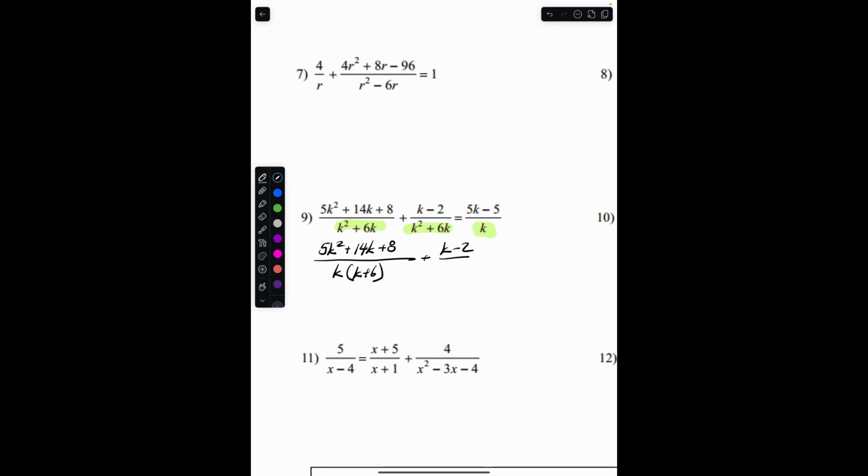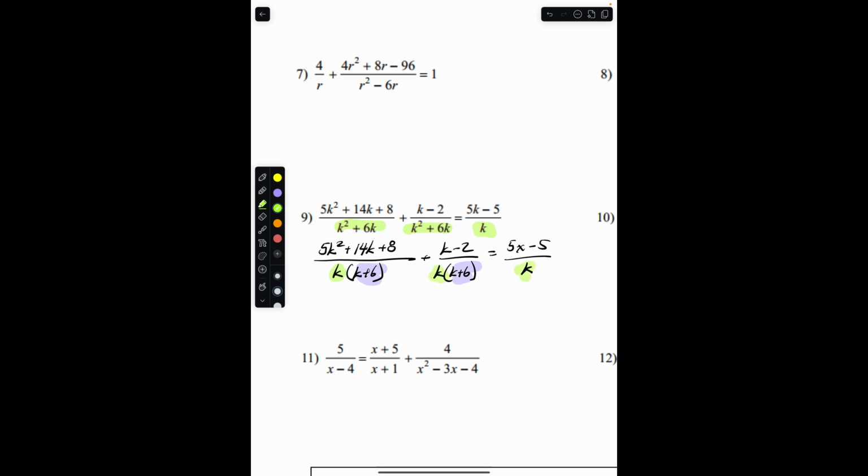k minus 2 over, again, I factor the bottom, k times (k plus 6). And there's nothing to factor here. So what are the factors that I need to take into consideration? Well, I have a k, and I have a k plus 6, k plus 6, k, and k here.